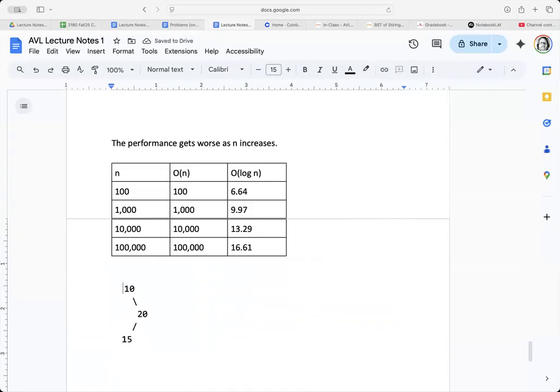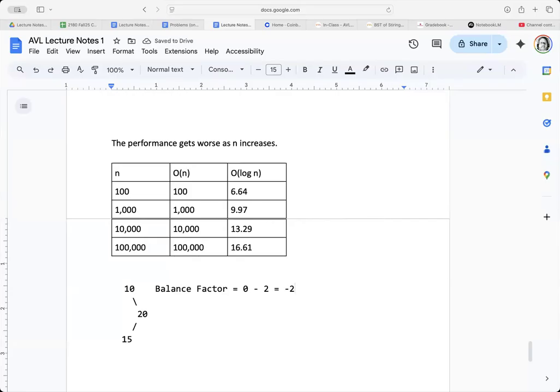Okay. So that's a valid tree because they're all bigger than the parent and smaller to the left. The balance factor for this is going to be equal to 0 on the left minus 2 on the right, which is equal to -2. We're going to have to do a rotation.